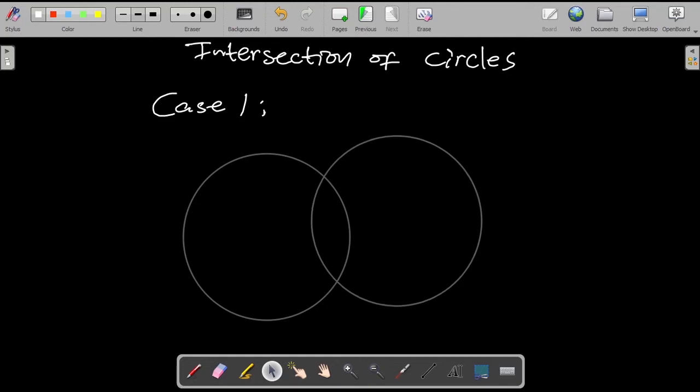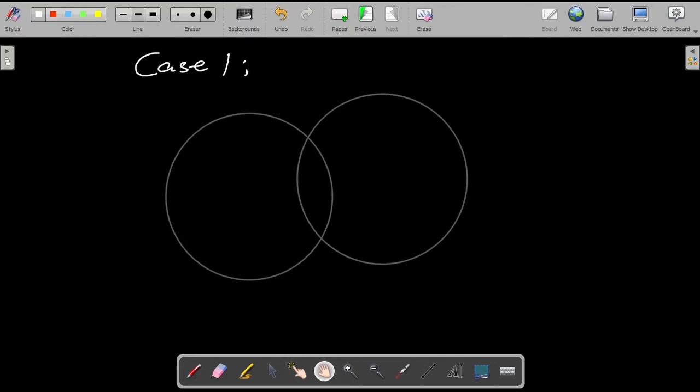Now, you might not have the diagram, because if you can see the diagram, it's quite easy to see what is actually going on. You can tell that they basically intersect there and there. So the first case deals with circles which intersect at 2 points, right? It's quite easy to see, once again, from the diagram that they intersect at 2 points.